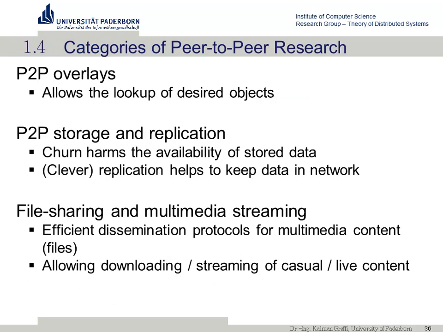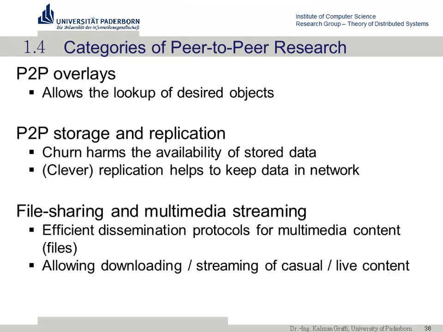I just want to summarize and give you an overview of the categories of the peer-to-peer research that's coming up in the next lectures. On the one side, of course, we will have a look at peer-to-peer overlays, how we can create this kind of overlays so that you can look up desired objects. We will also have a look at peer-to-peer storage and replication, to see if you want to store data, real files, and also retrieve them in the network and keep them available all the time.